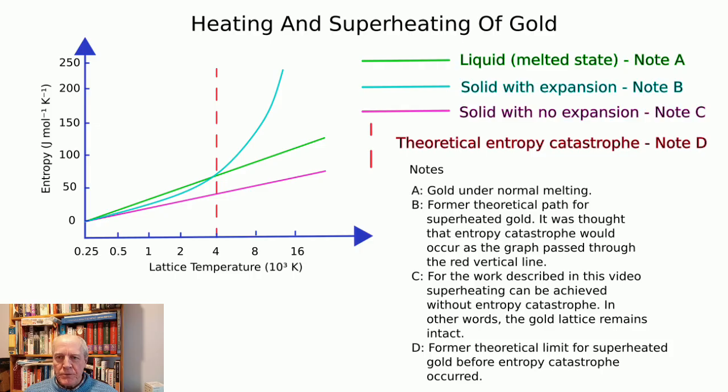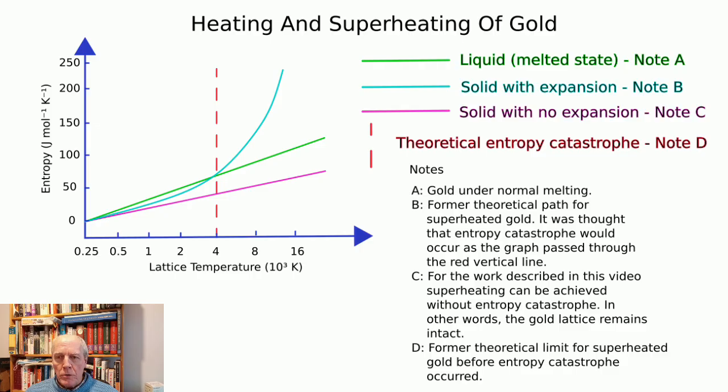So what's the difference between the 2 plots? The blue plot shows early work that was done on superheating, and the purple plot shows the most recent work on superheating and the work which is covered and described in this video.